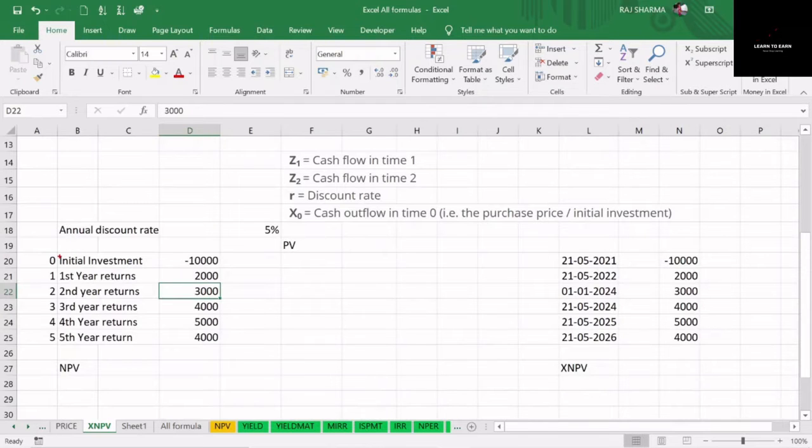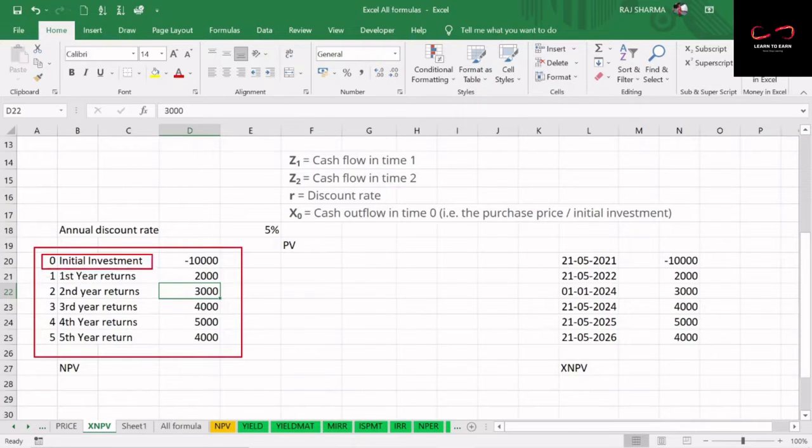Assume that there is a certain project and you have invested a certain amount in this particular project. Let us say it is 10,000 USD you are investing. This project is going to fetch a certain return over a certain period of time. Yearly returns are being generated. First year, you have got a return of 2,000.